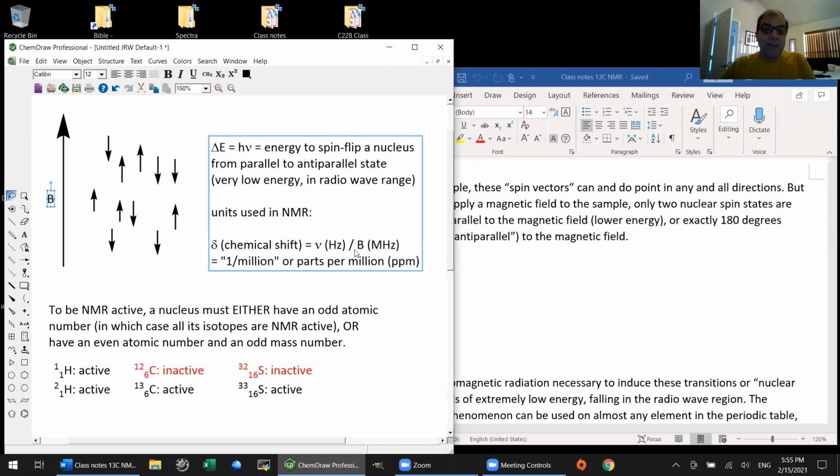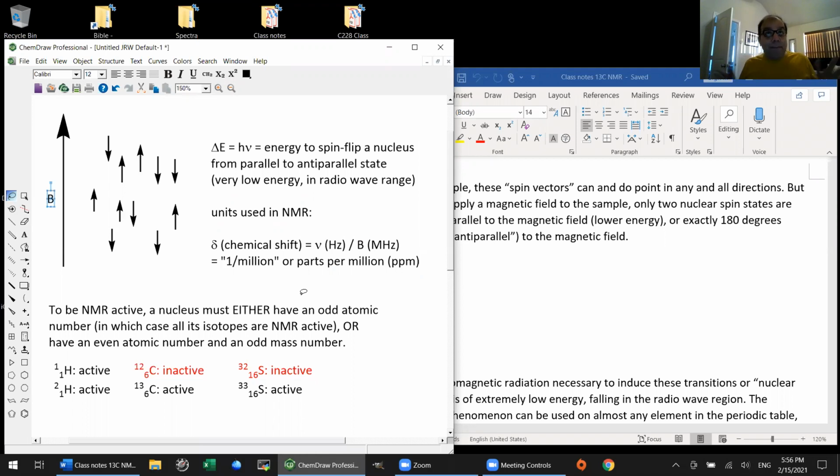And if you work it out, in terms of units, you get hertz divided by megahertz, which just leaves you with a million in the denominator, since mega is a million. So that's where these units come from, parts per million. That's how we measure where peaks in an NMR spectrum show up. We say they occur at this or that many parts per million.